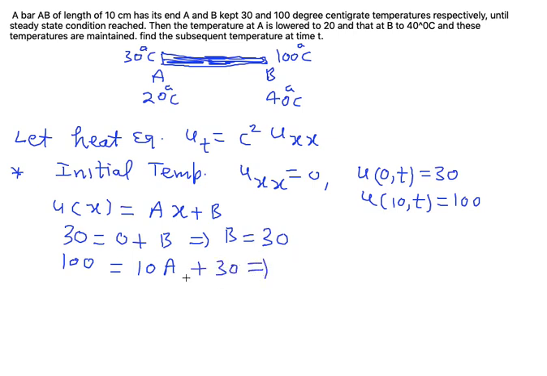Simplifying, 30 goes to the left and this is 70, so a will be 7. That means the initial temperature distribution u(x,0) is 7x plus 30.